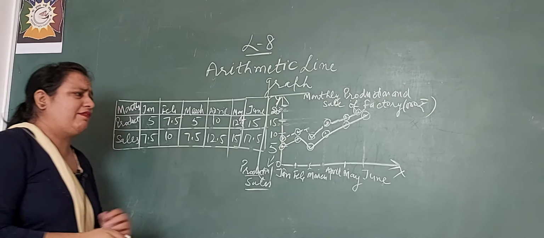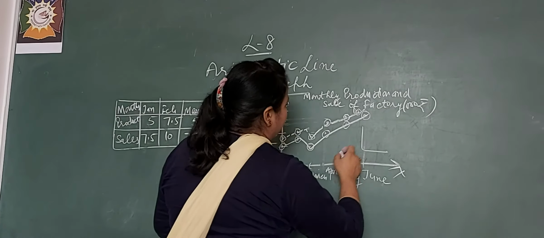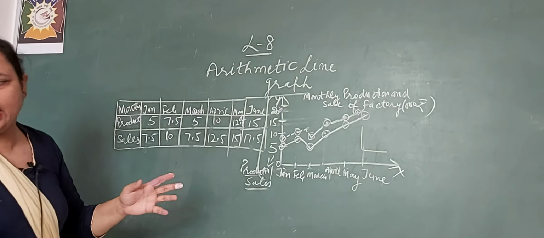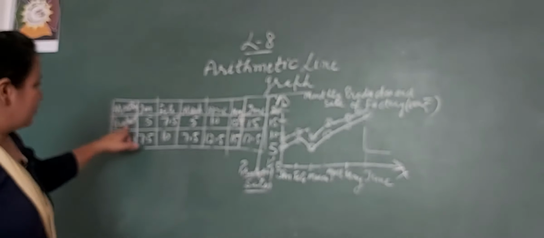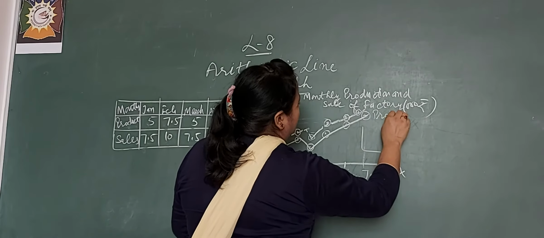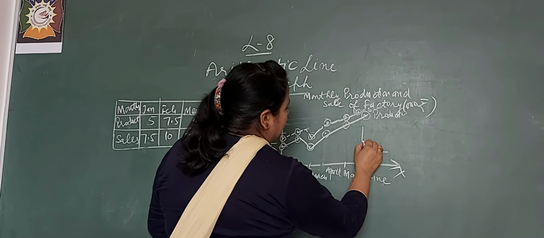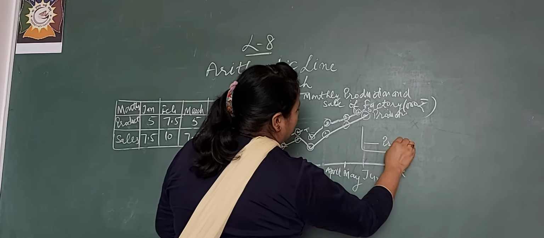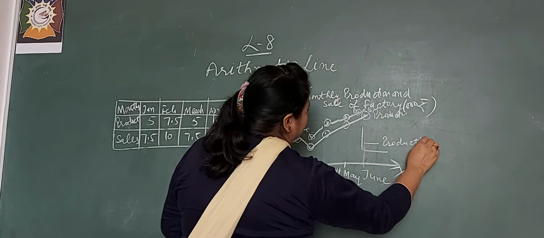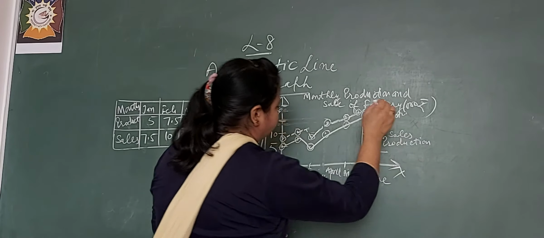So what I will do, I will show here in the form of a table what is the sale and what is production. This is production and this is sales. I will write over there, this is production I have taken and this is sale.